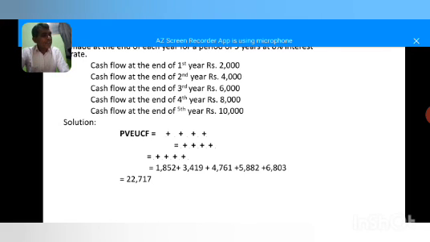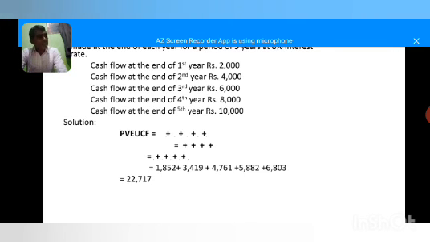So 3,704 plus 5,128 plus 5,555 plus 5,882 plus 6,803, the five years' present values, should be added together.